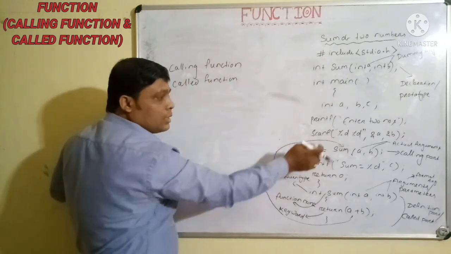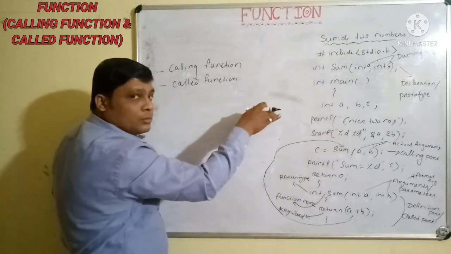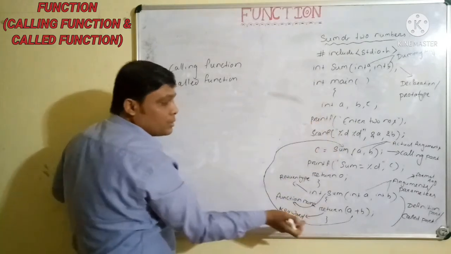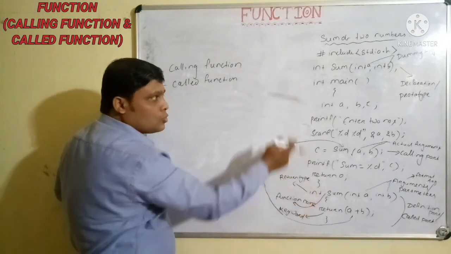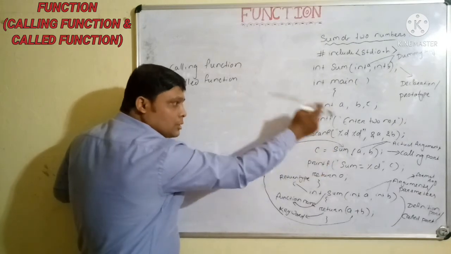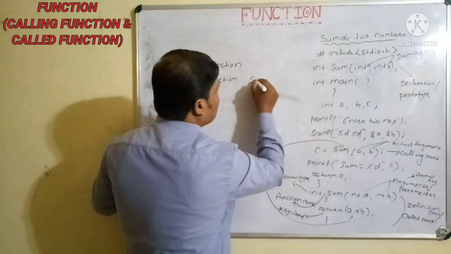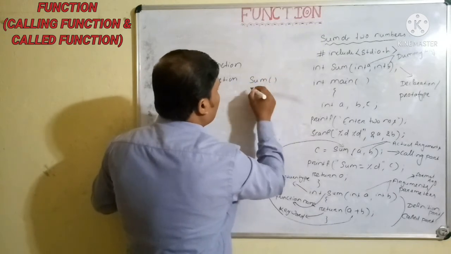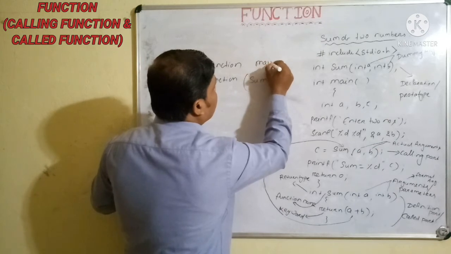Main function is calling the sum function. So for sum, main is the calling function and sum is the called function. Because main is calling sum, main is the calling function, and sum is called by main, so sum is the called function. In this example, the called function is sum and main is the calling function.